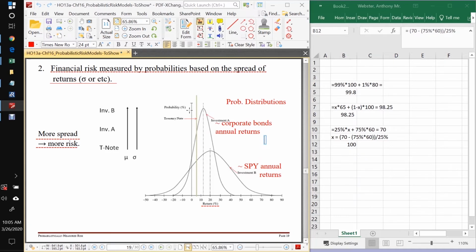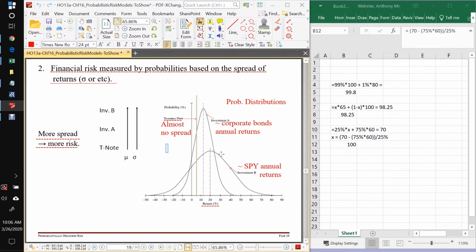And if we look at our third investment, US Treasury notes, we see there's almost no spread. The reason is that everybody in the world considers the Treasury the safest investment out there, so the probability of doing better or worse is very, very low.